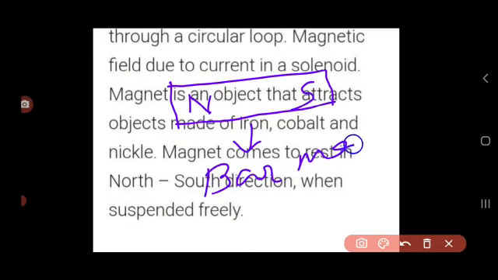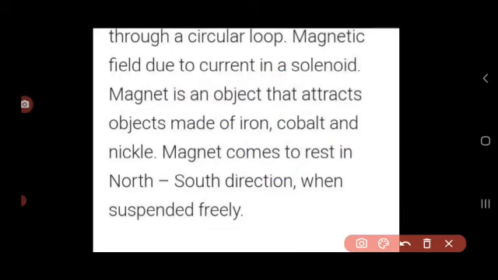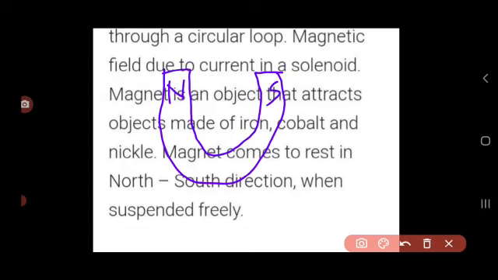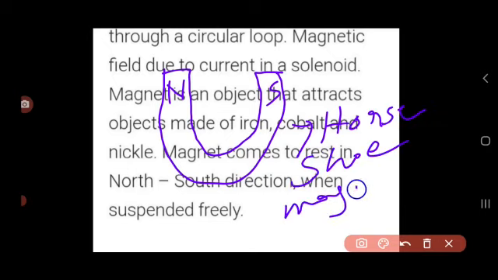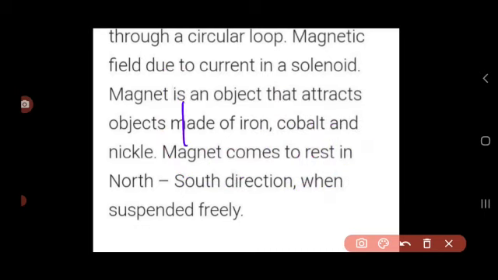Suppose there is a piece of iron and a long insulated copper wire is wound over it, and this is connected to a battery. This arrangement is called electromagnet. So these are the different types of artificial magnet: bar magnet, horseshoe magnet, and electromagnet.